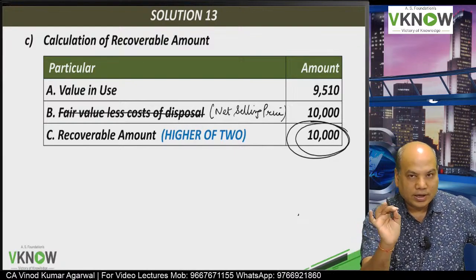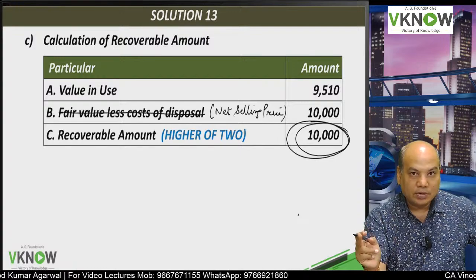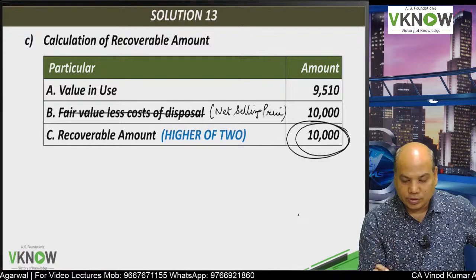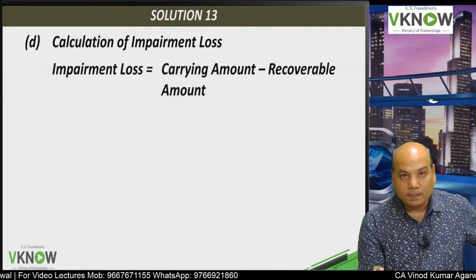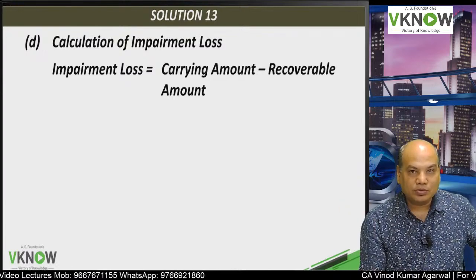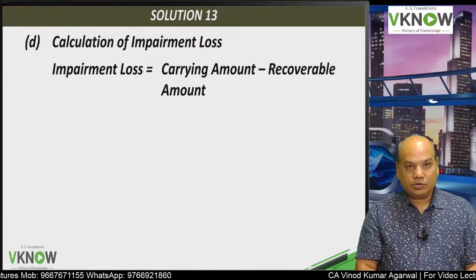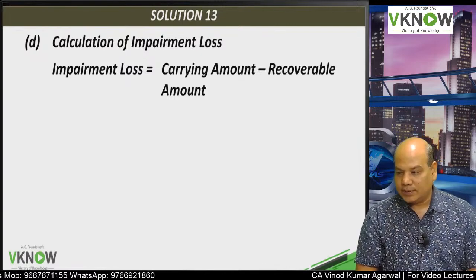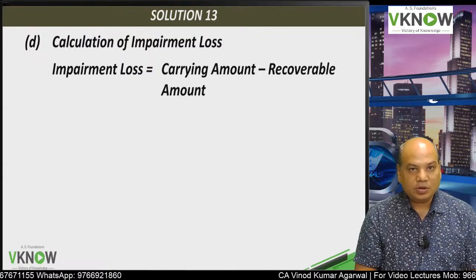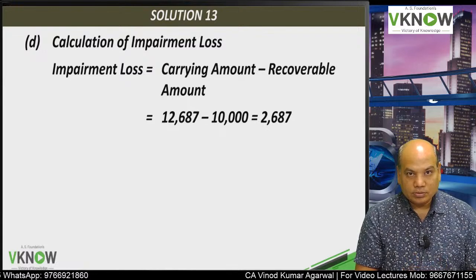I have got carrying amount in my step 1, 12687. I have got recoverable amount 10,000. Now I am going to compare carrying amount and recoverable amount. That will give me impairment loss. So please reply, how much is your carrying amount? 12,687, step 1.